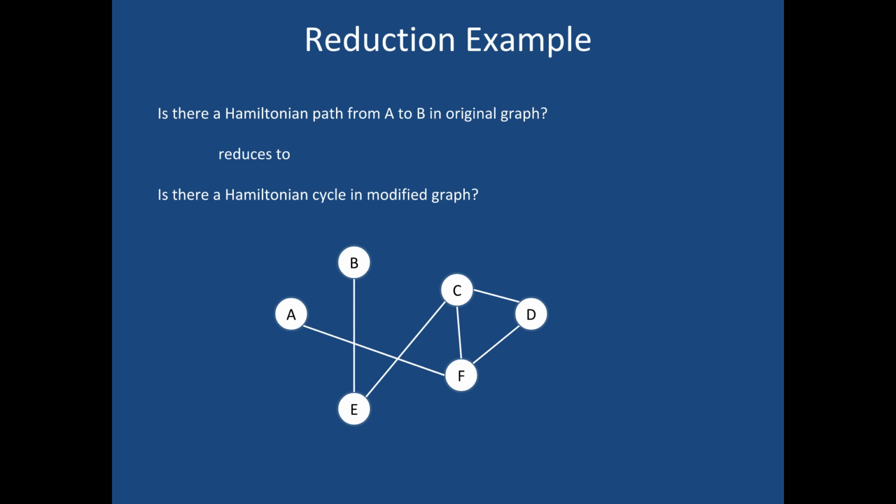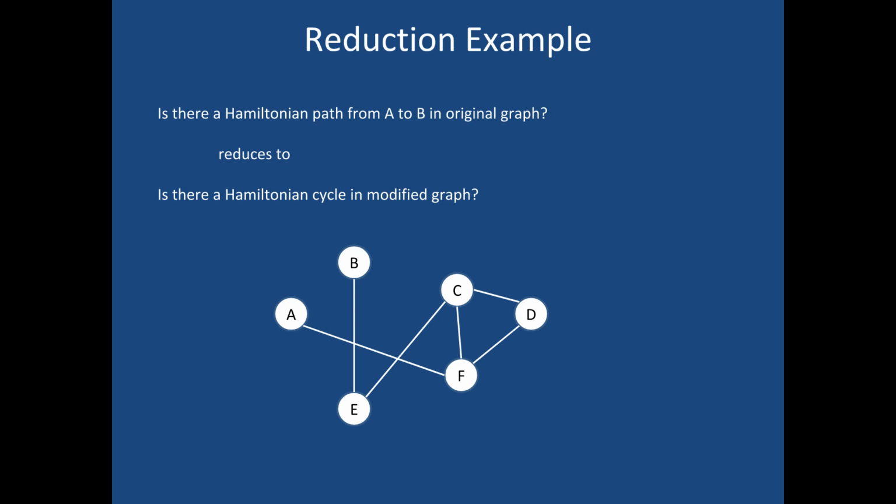Okay, I'll go back to you. The thing I forgot to mention is the Hamiltonian path, there's a start and an end point as inputs. So we're asked to find the Hamiltonian path between A and B. And your suggestion is what we do is we stick an edge between A and B, ask is there a Hamiltonian cycle, and when we get one back, we remove that edge, and that's the Hamiltonian path.